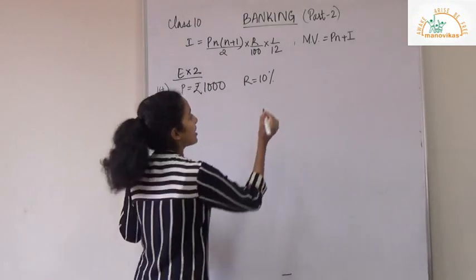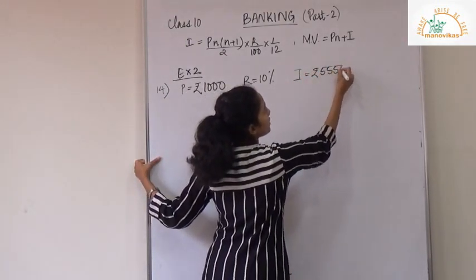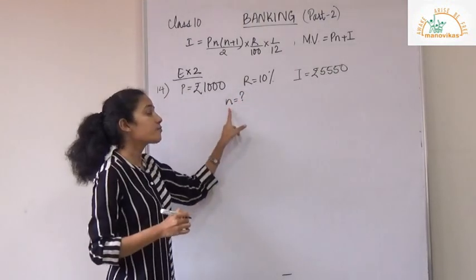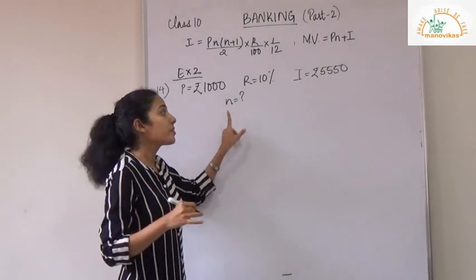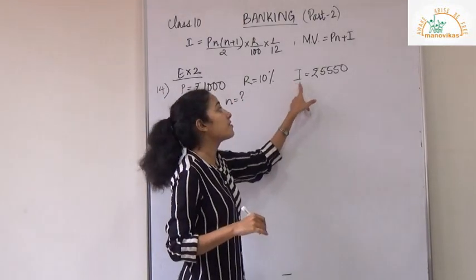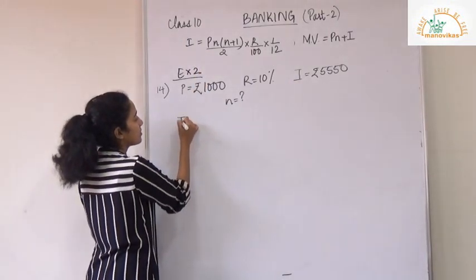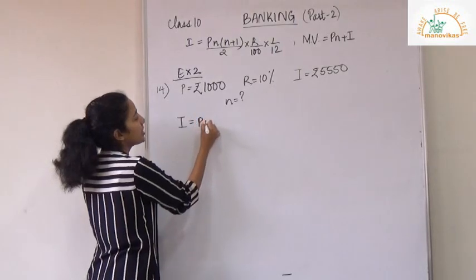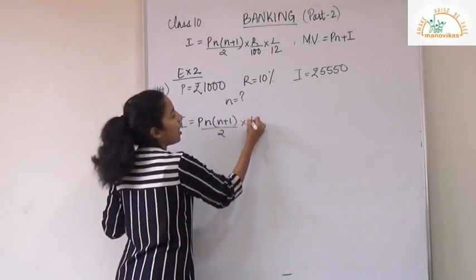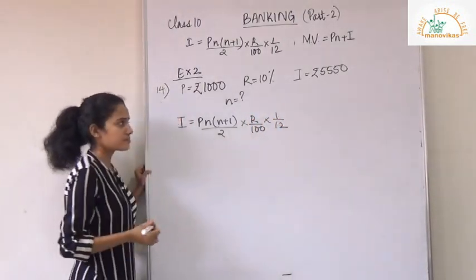So note that here you are given interest which is 5550 and now you are told to ask the number of months or the time period. In the previous problem you were given the maturity value. So here whatever is given, we work with that. So the formula for interest is given by I is equal to P n (n plus 1) divided by 2 into R divided by 100 into 1 upon 12.